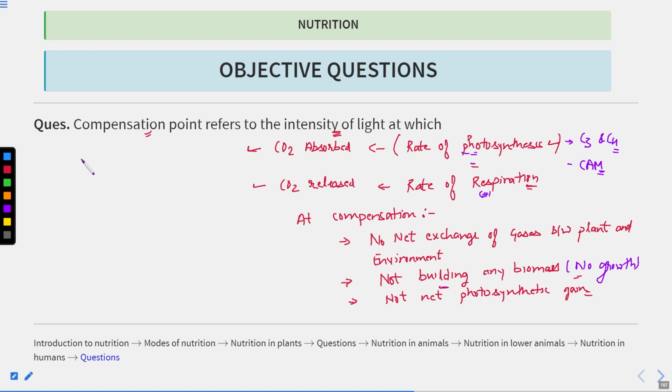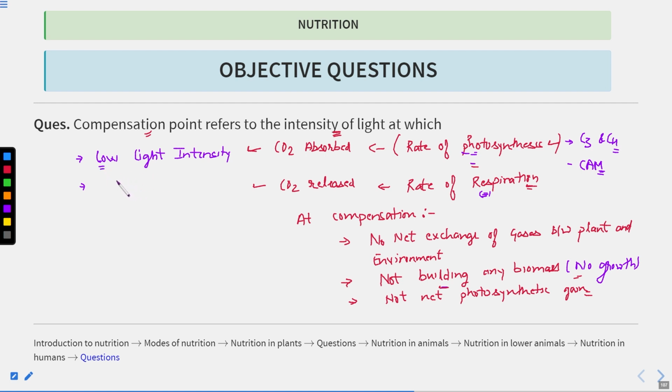The compensation point takes place at low light intensity. At low light intensity, the rate of photosynthesis is equal to the rate of respiration. Which duration of the day has low light intensity?